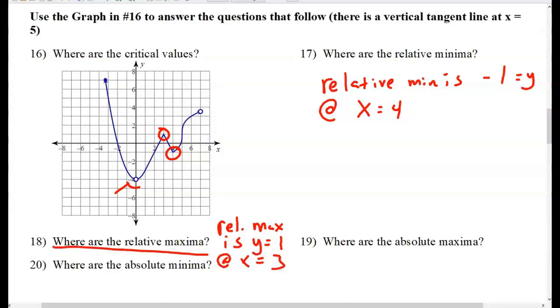But sometimes the question is worded differently, and they ask where is the relative max located, in which case you would say, well, the relative max is located at x equals 3. So I just want you guys to be aware of the difference between what part of this is a y value and which part's the x value. The relative max or min is the y. Where it's located at is an x value, which are, by the way, critical values.